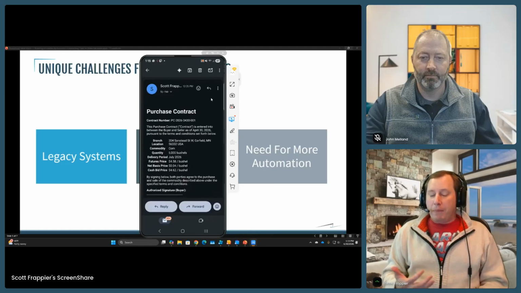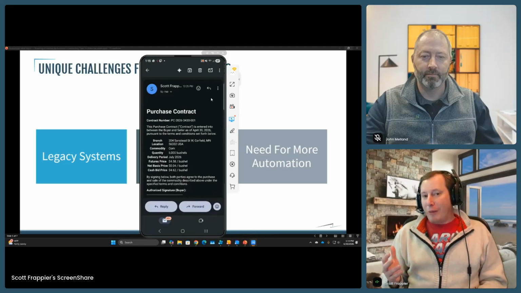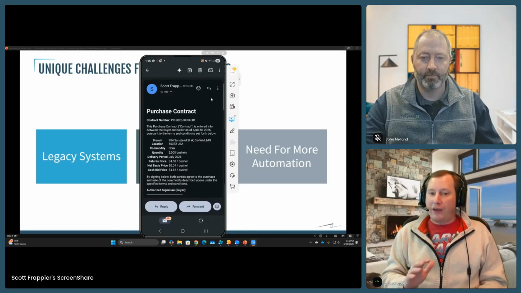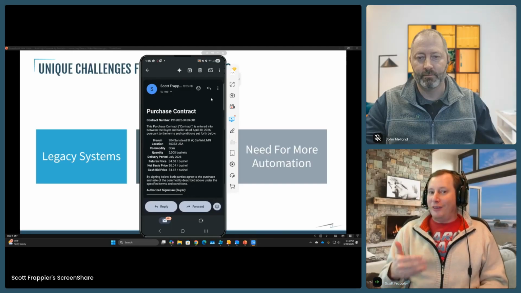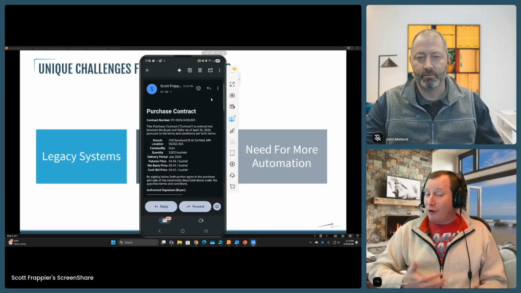So once again, we're not trying to boil the ocean with AI because AI does not tackle every scenario perfectly. For anyone that's used it, that should probably resonate with you. But you are able to use it to automate these types of processes very easily.